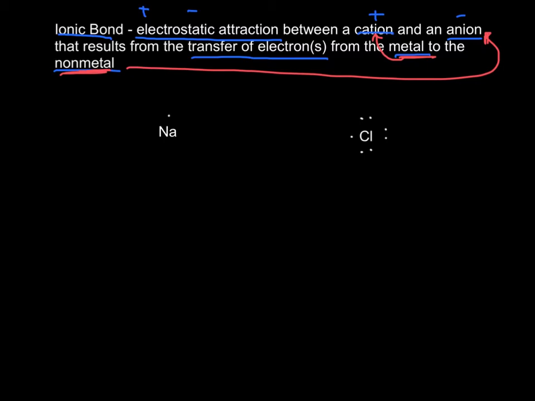So if we look at sodium and chlorine, you'll see that I wrote their Lewis structures, and we're going to show that transfer of electrons. Sodium has 1, and it's going to give it to chlorine. Why does it do that? It does that because by losing an electron and forming Na+, it becomes isoelectronic with neon, so now it's really stable.